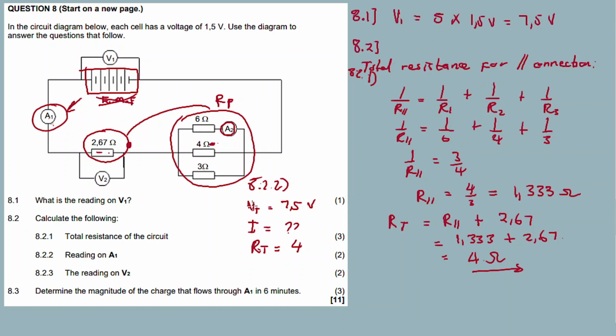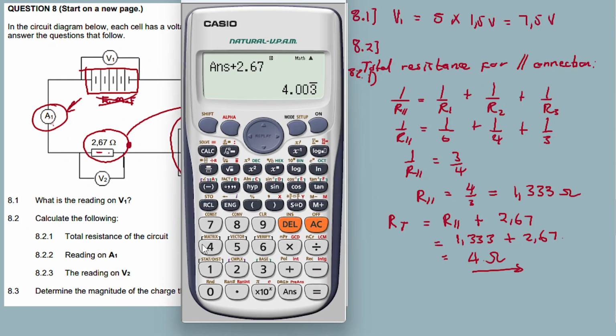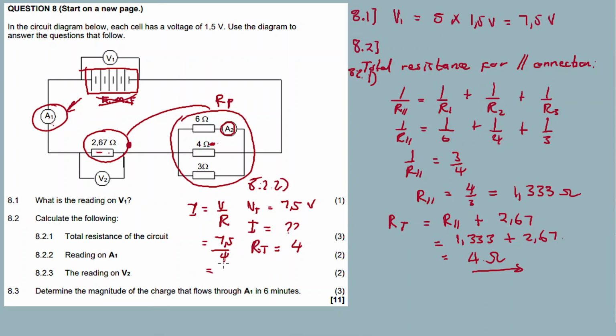So applying Ohm's law, I is equal to V over R. The voltage is 7.5 divided by 4. That is 1.88 in 2 decimal places. It's 1.88 amperes.